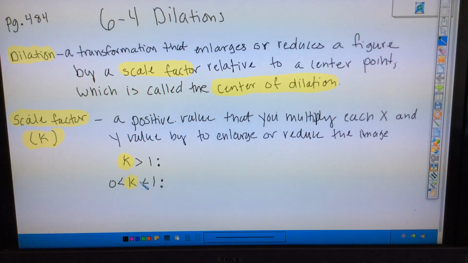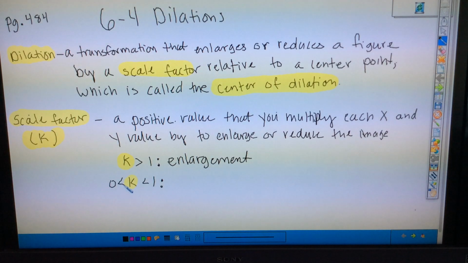So basically what happens is when the scale factor, remember K really means scale factor, is greater than 1, any number greater than 1, you're going to get an enlargement. Here we have K, our scale factor.